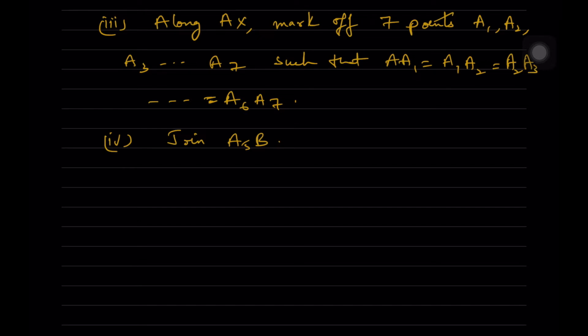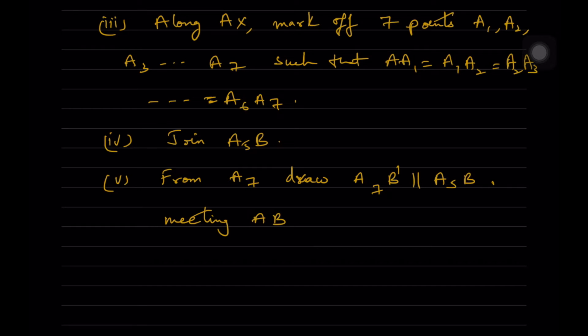Then the fifth point is from A7 draw A7B' parallel to A5B, meeting AB at B'. Extend the line, that is the produced part.